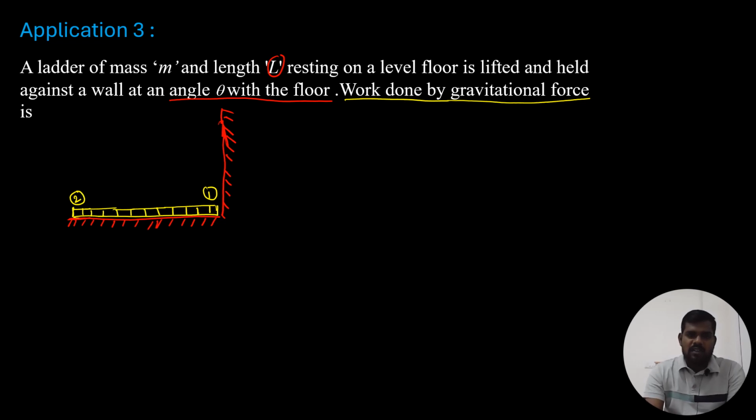Now I will lift this ladder. One end of the ladder I will keep against the vertical wall in this diagram. Means we have to see how I draw the ladder on the wall.